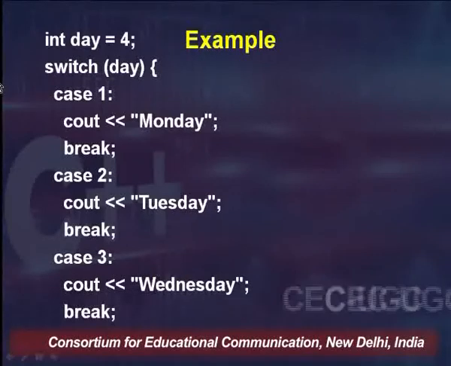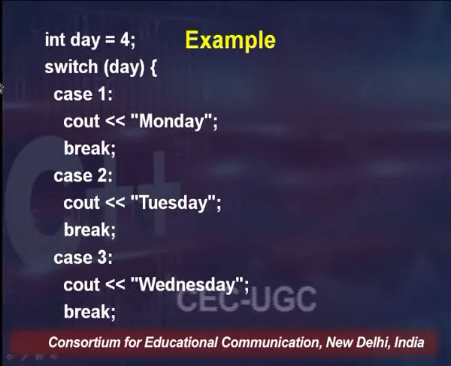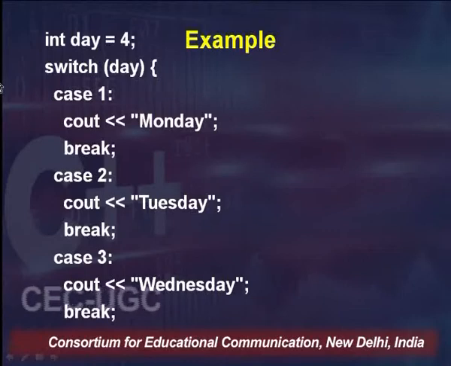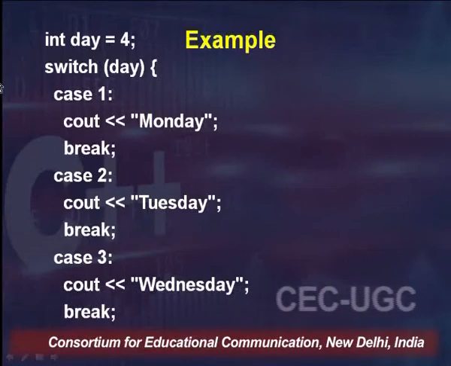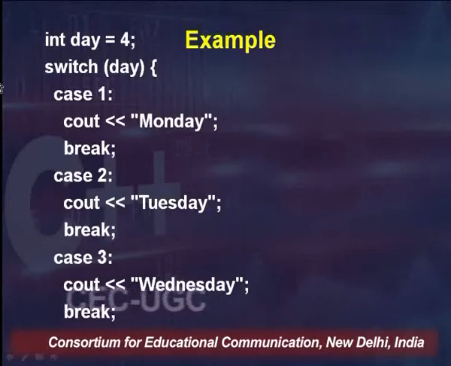Now let's see how. For example, I am taking an example where my variable is day and that day has been assigned, let's say, 4. So I am writing switch, and within the switch I need to pass that expression, or that variable which is to be tested for equality.